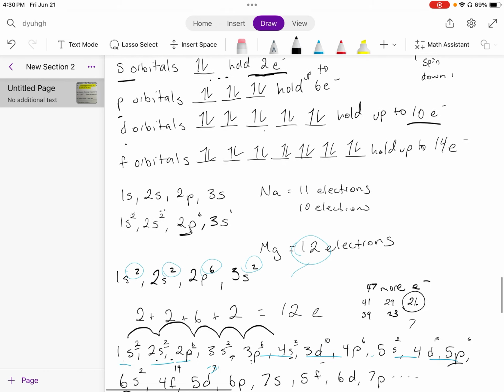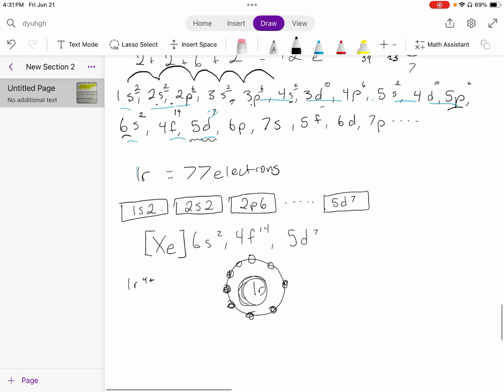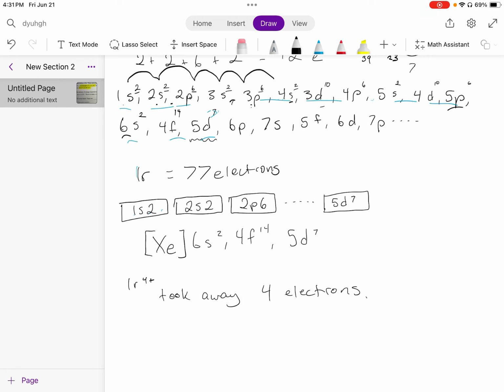Actually, no, that's going to confuse you. Anyway, sorry, the 4+ just means we took away 4 electrons.